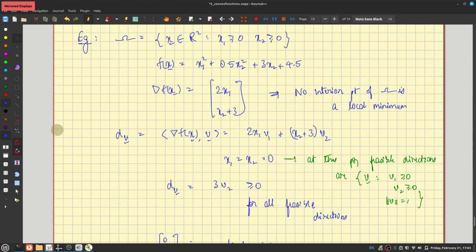Or let me put it in the following way. Suppose that along every feasible direction at some boundary point, the directional derivative is equal to 0.